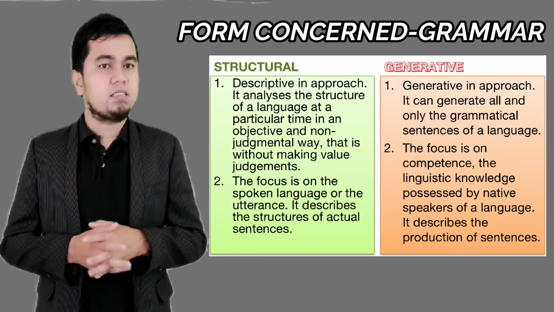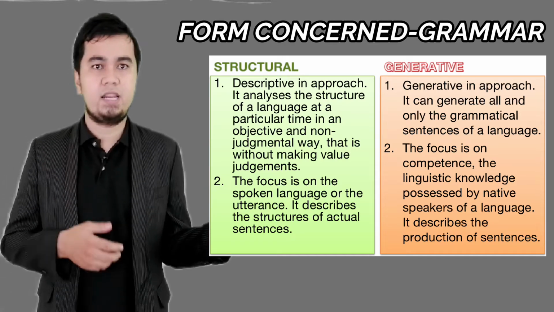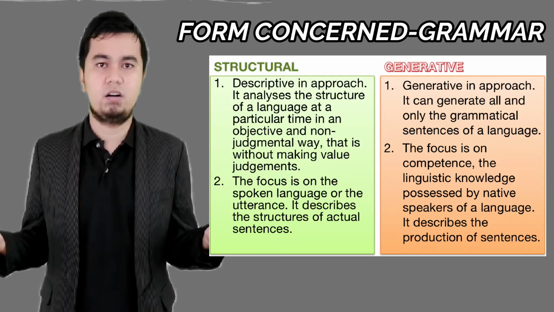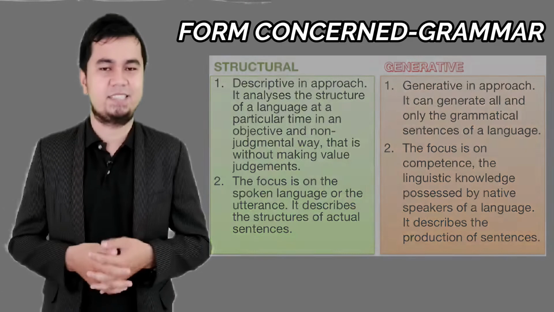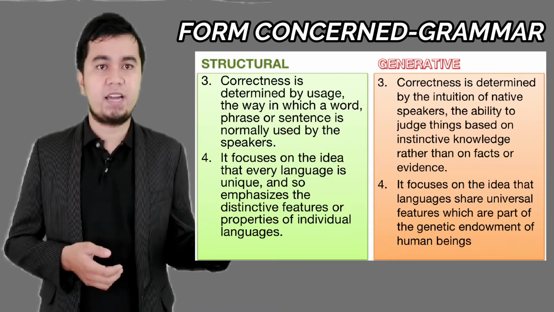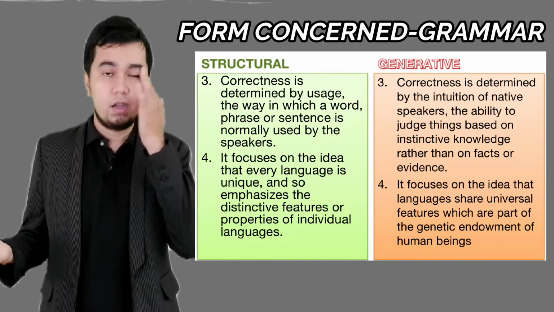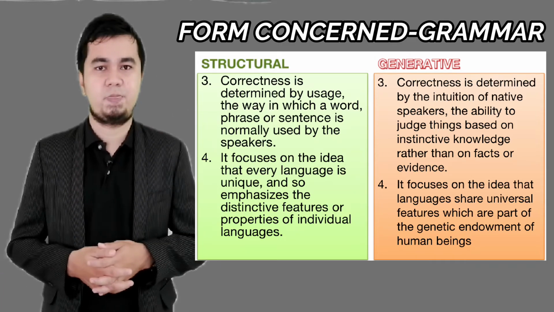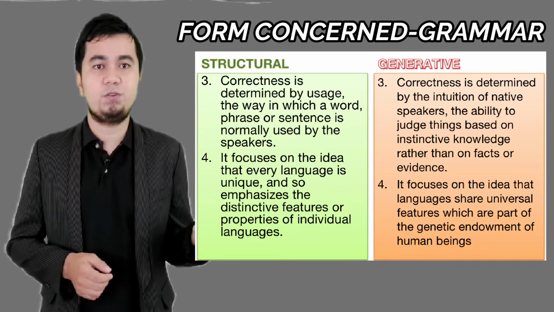Next, the focus of the structural is on the spoken language, while the focus of the generative is on the competence of the linguistic knowledge possessed by the native speaker. Third, structural correctness is determined by usage, while generative correctness is determined by the intuition of native speakers. And number 4, it focuses on the idea that every language is unique.